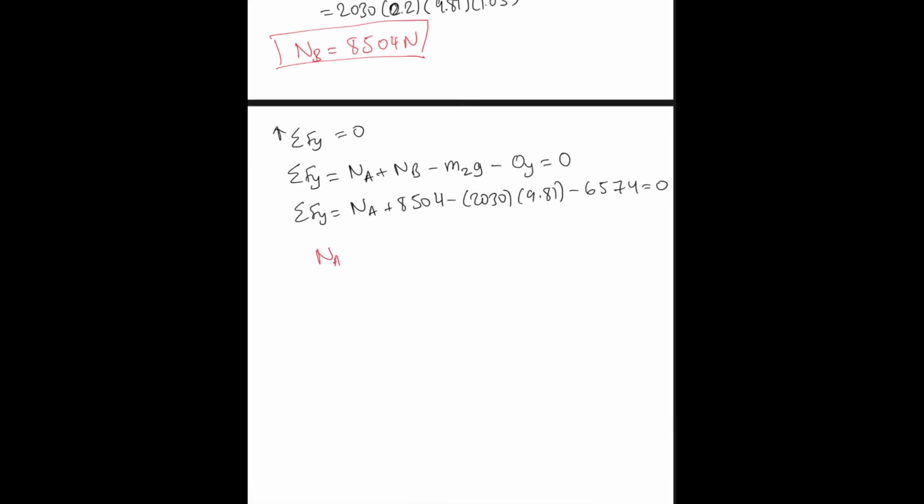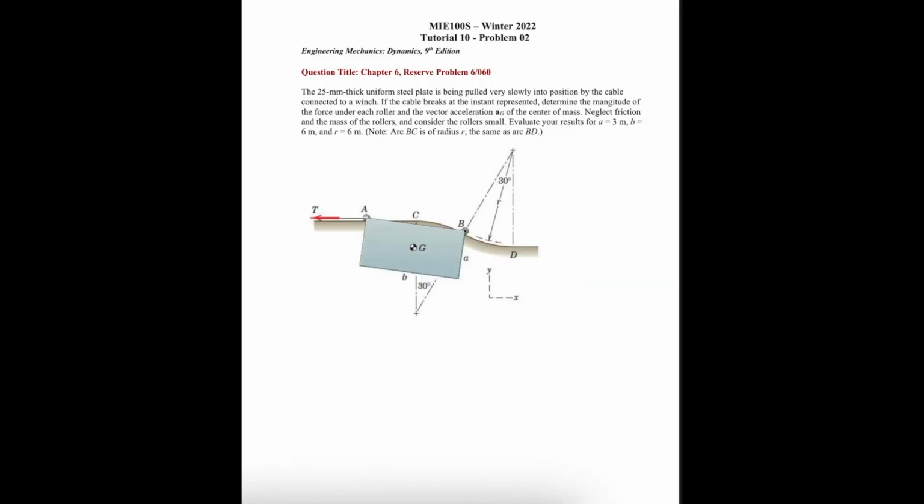And once we plug in our known values, we can get a final value for the normal force at A to be 17,984 newtons. That's the final answer for question 1.